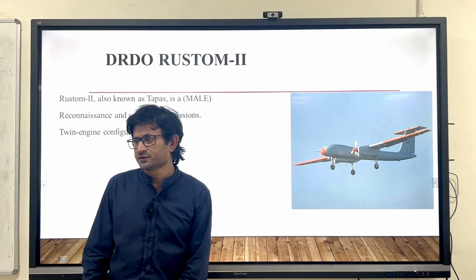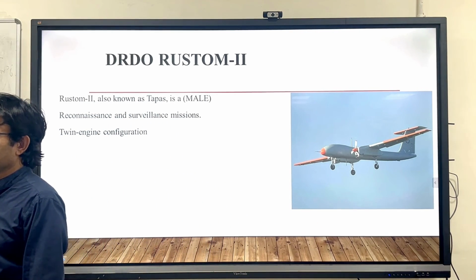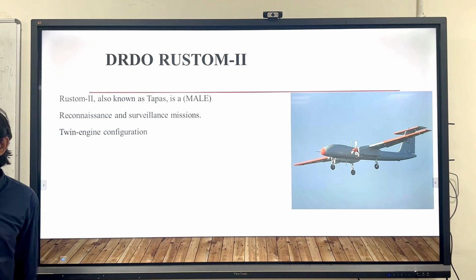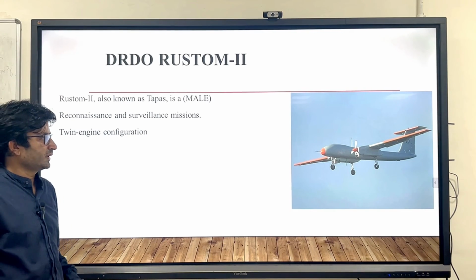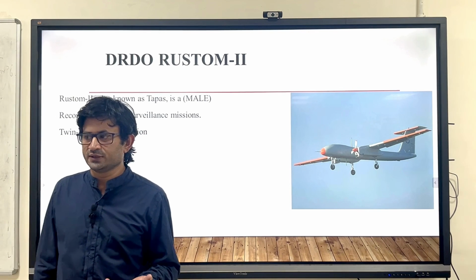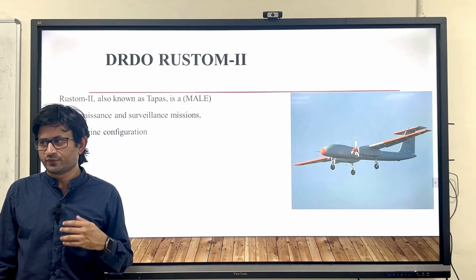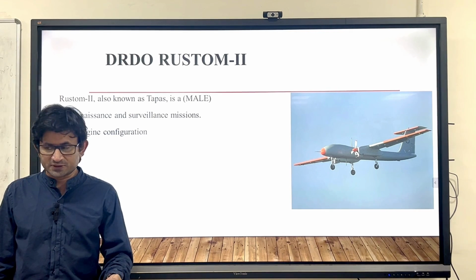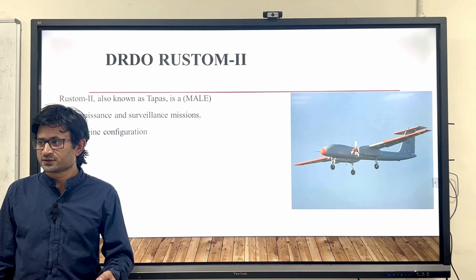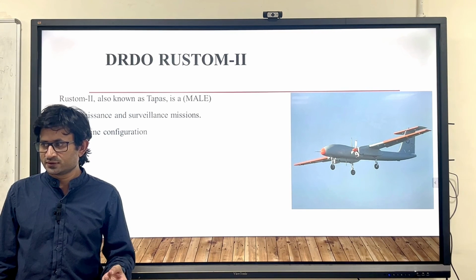You can see that if one engine fails, it can safely land on the other engine. It is a very good UAV designed by DRDO, and there are many startups in India designing very good UAVs for different purposes: agriculture, military, surveillance, payload delivery, medical.